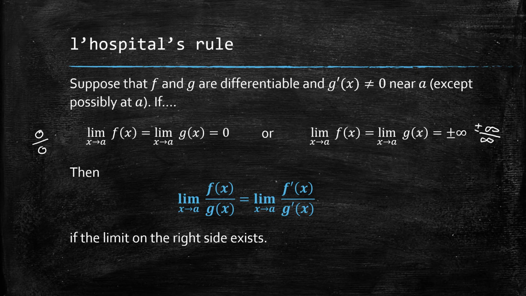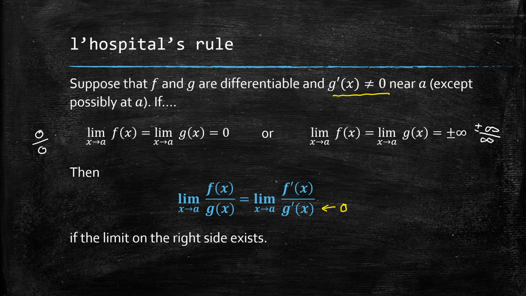And this condition about g prime x not equal to 0 near a is, if we think about limits, sometimes the function doesn't exist at x equals a, but the limit exists. But when you consider the limit from the left and the right, if g prime of x was equal to 0 to the left or right of a, that would be very problematic. It would blow up the function, so that's not allowed.